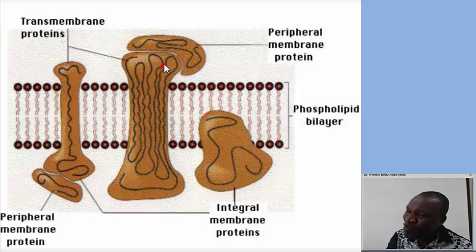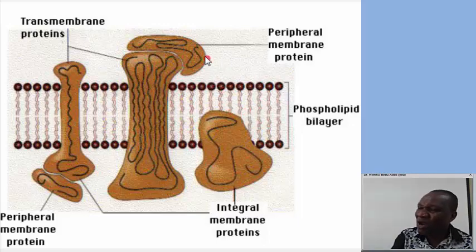The other will cross the lipid bilayer. Those that cross the lipid bilayer constitute what we call the transmembrane proteins. Now, all these are integral proteins because they interact with the lipid bilayer by attaching to the phospholipid region, the hydrophobic region of the lipid bilayer.